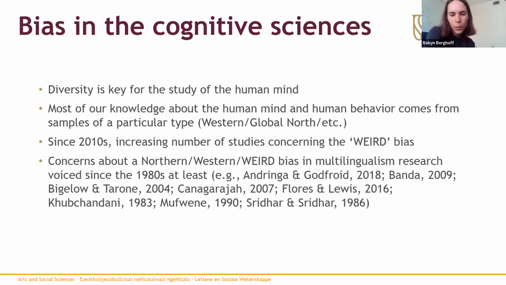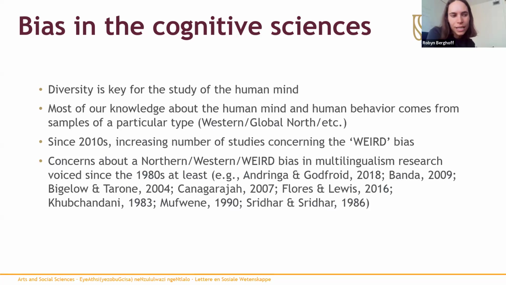When we get to the area that we're interested in, which is multilingualism studies, second language acquisition studies, there have been concerns about sampling bias, so over-reliance on particular kinds of samples, that have been voiced in the literature since around the 1980s. So these ideas in the field of multilingualism are not new. They've been extant for over 40 years at this point. But these voicings of concerns have been kind of isolated and not picked up on all that much until relatively recently.